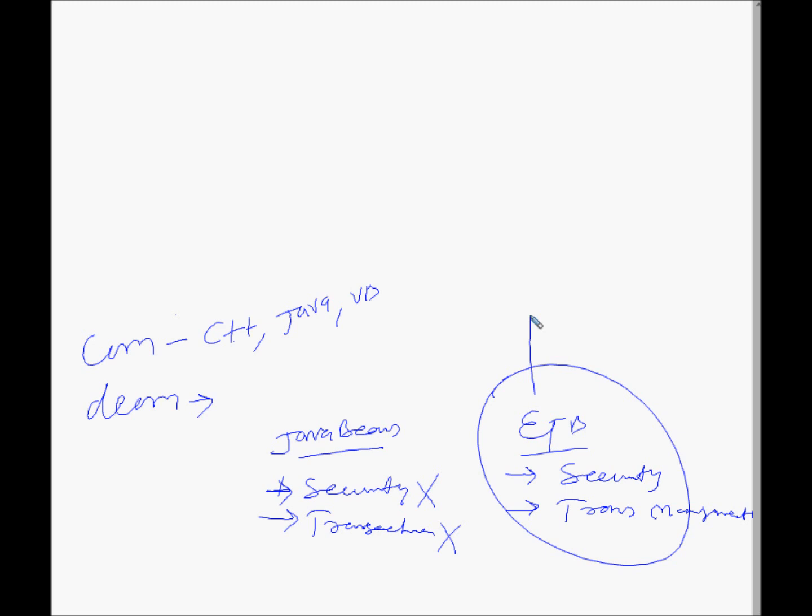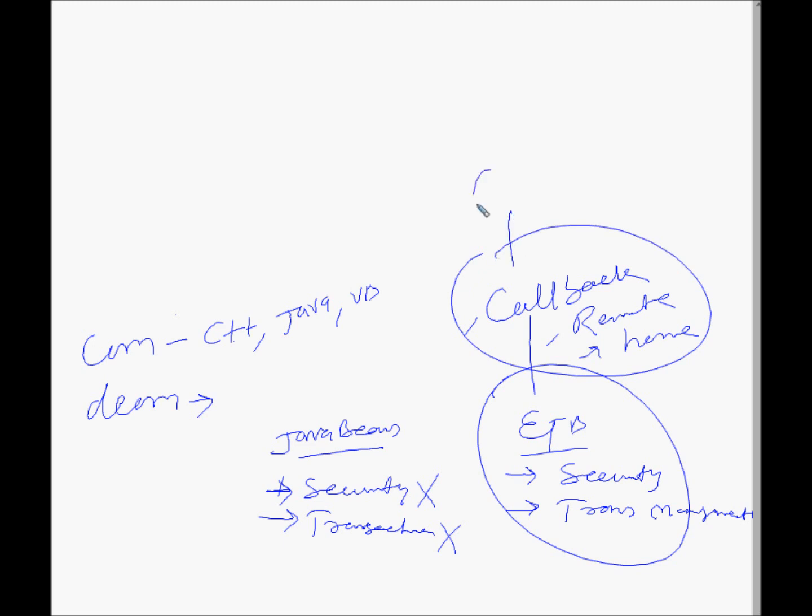It needs to call some remote interface, it needs to call some home interface, right? And these are the things which lead to complexity. So developing a distributed component using EJB is somewhat very complex.